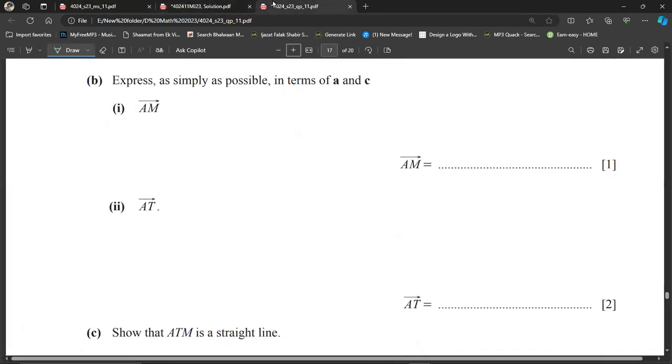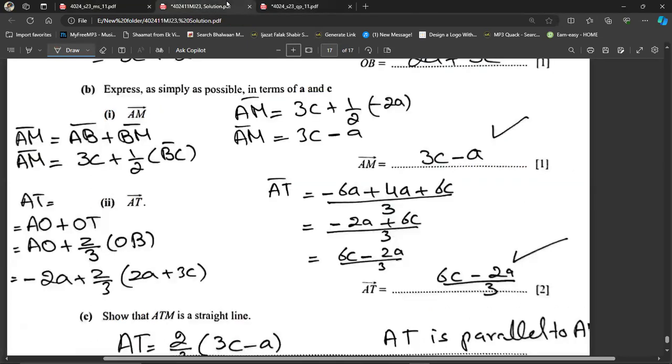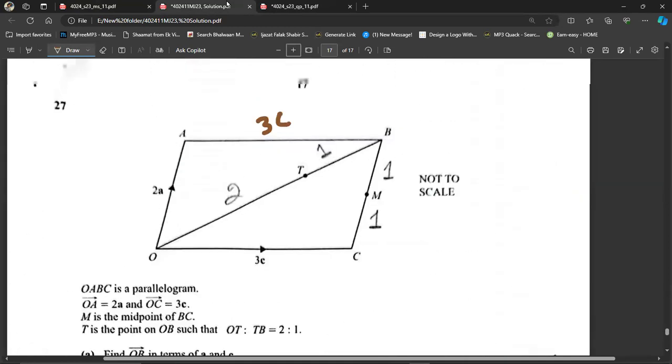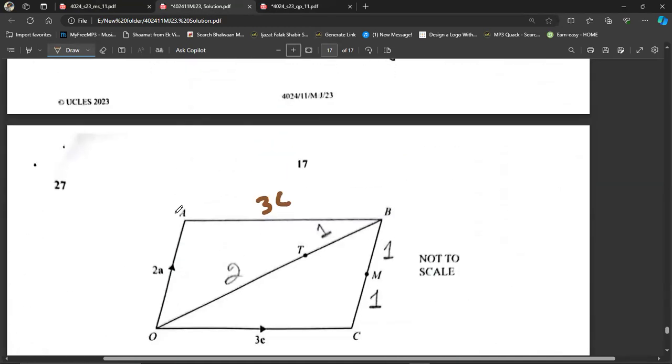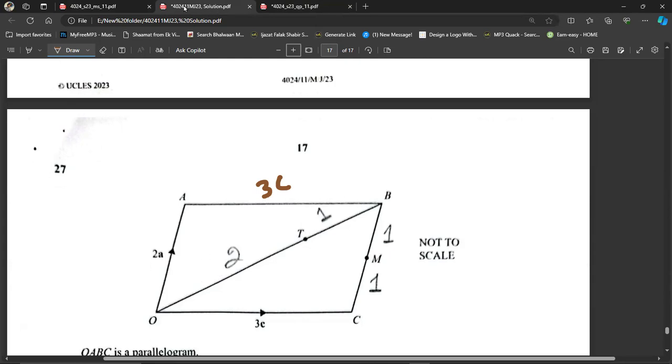Okay. Then the second part of the B part is find AT. They want me to find out from A to T. So if you want to go from A to T, you can go from A to O, from O to T. OT is 2 by 3 of the OB. A simple, straightforward thing.